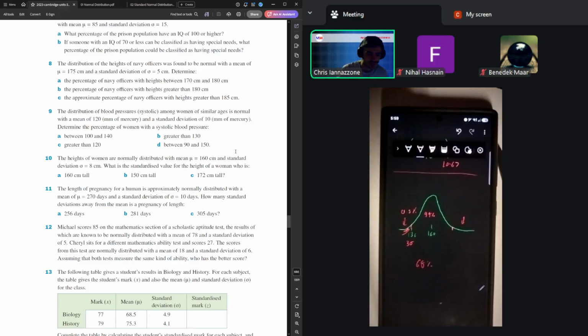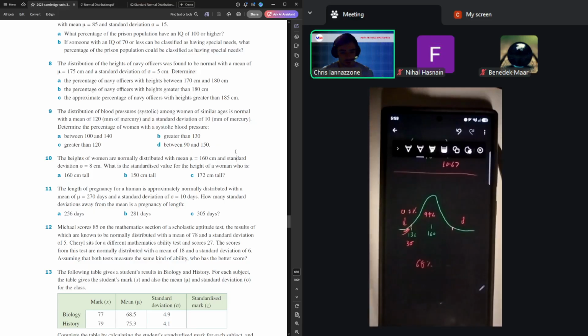For instance, the last question that we just did had the value of 136, and we knew that was 3 standard deviations to the left. What it means by standardized value is literally replacing that number of 136 with -3, because that would be 3 standard deviations left.